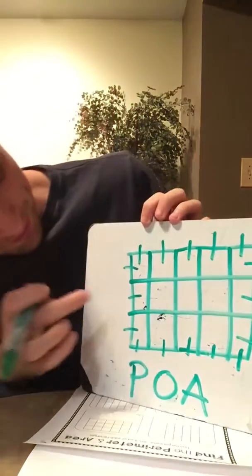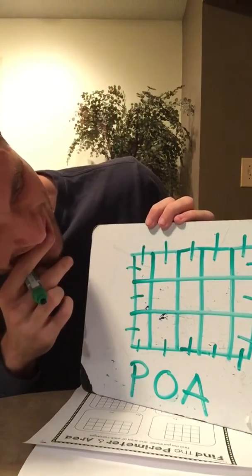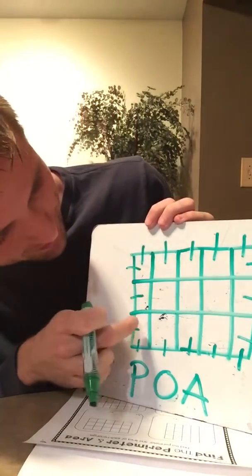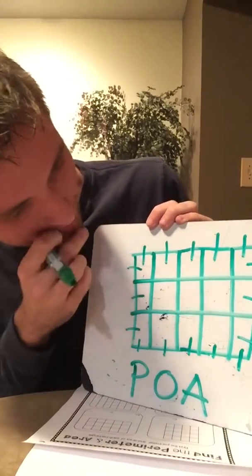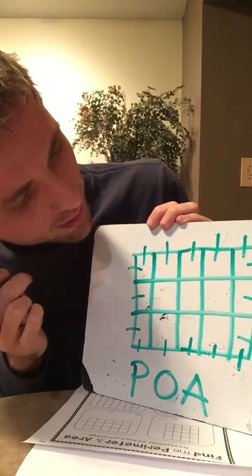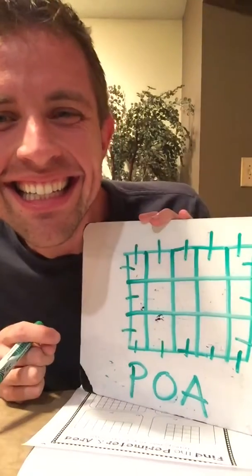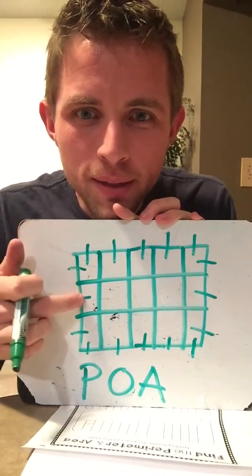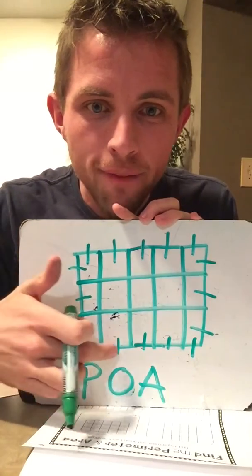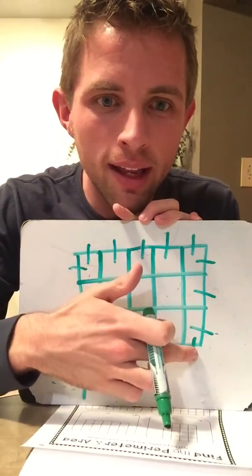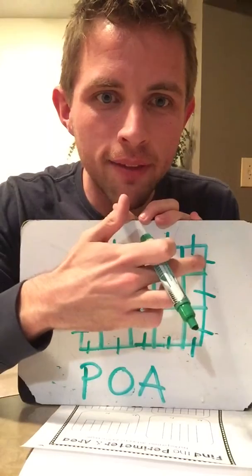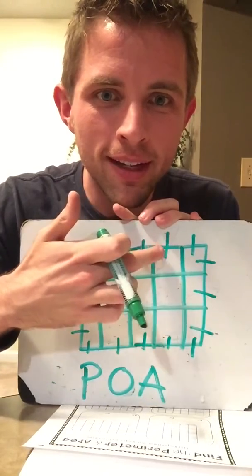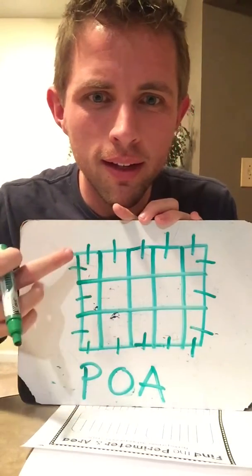Is that right? It should be 15. What did I do wrong? Let's try that again. 1, 2, 3, 4, 5, 6, 7, 8, 9, 10, 11, 12, 13, 14, 15, 16.